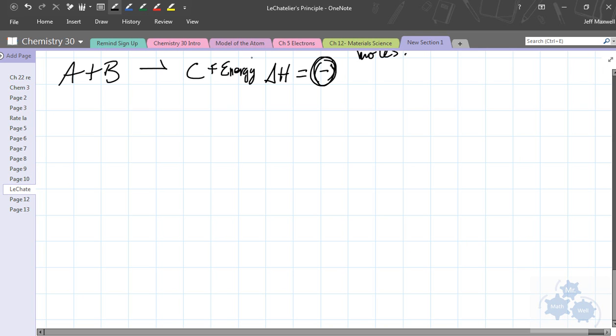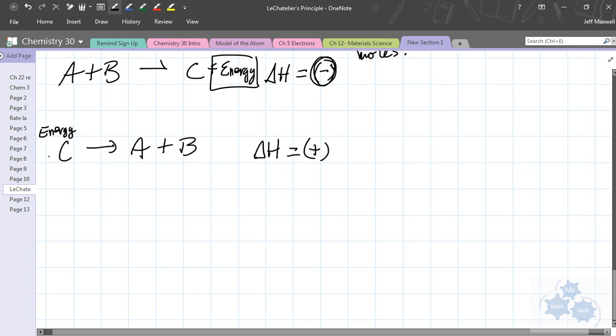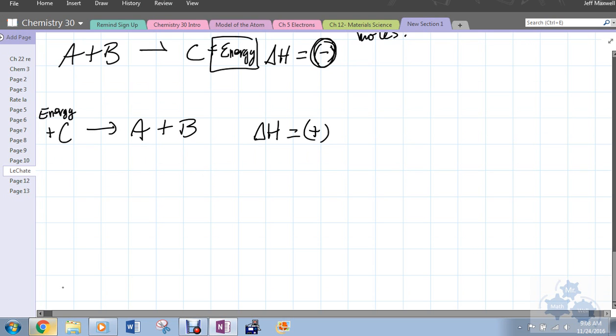Okay, energy is a product when delta H is negative. If we have C going to A plus B, the delta H for this same reaction in the reverse direction would be positive. That makes sense? So that means we have energy over here. Energy plus C. Okay?